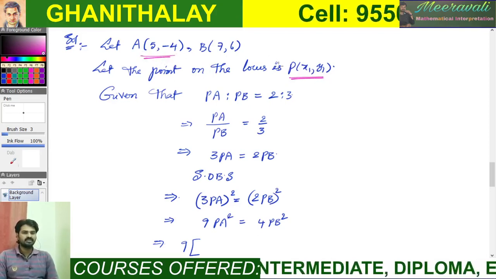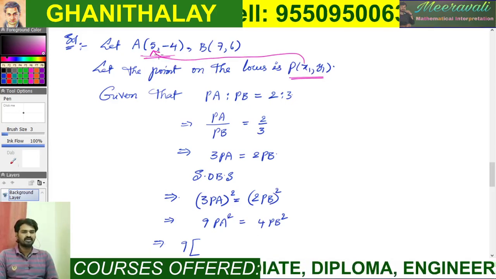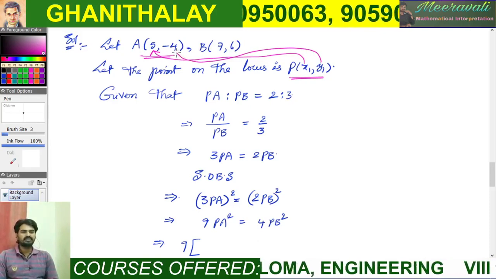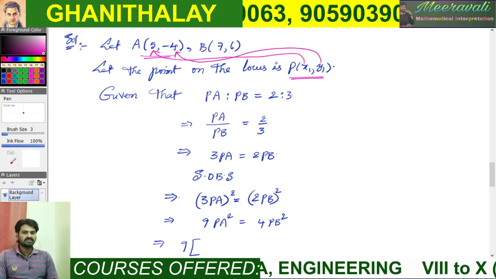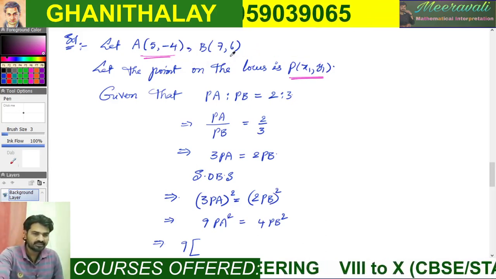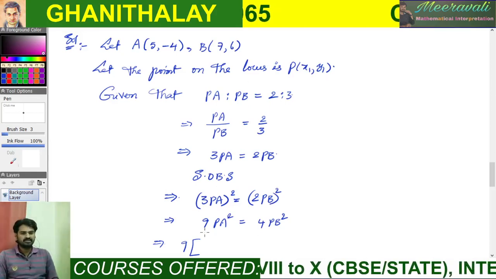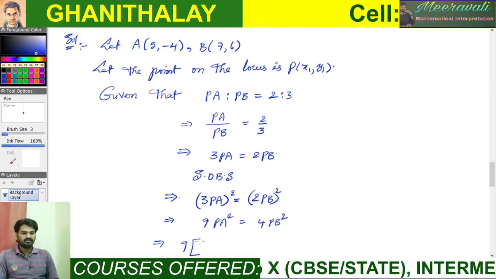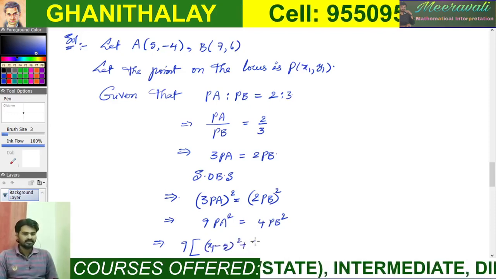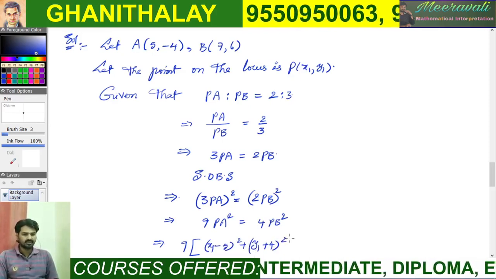This is the distance between P and A: x coordinate subtraction, x1 minus 5 whole square; next y coordinate subtraction, y1 minus of minus 4 whole square. So with P as x1, y1, you get x1 minus 5 whole square plus y1 plus 4 whole square.